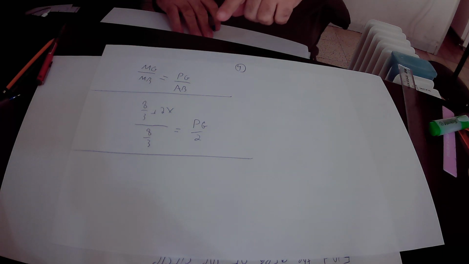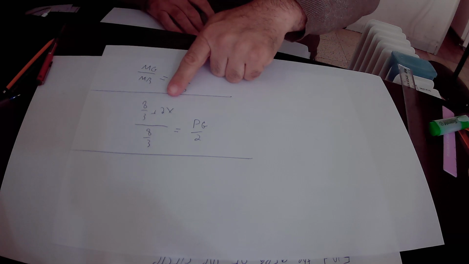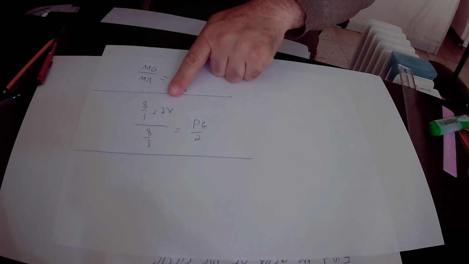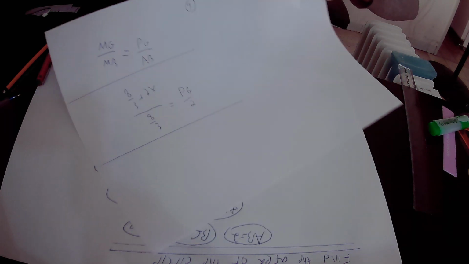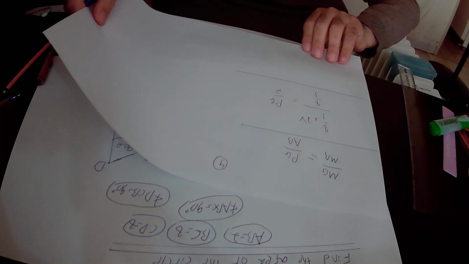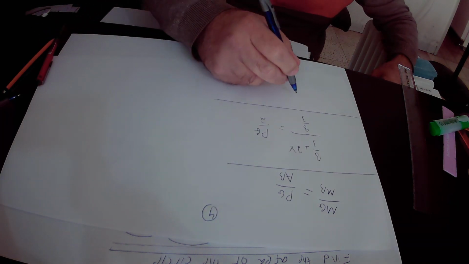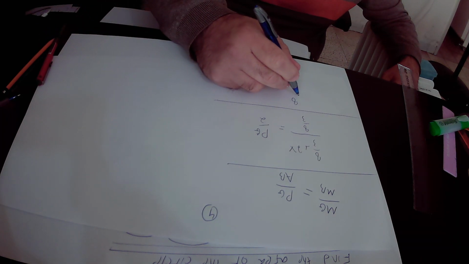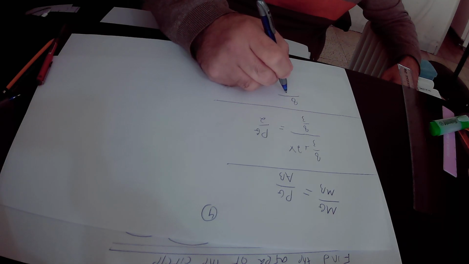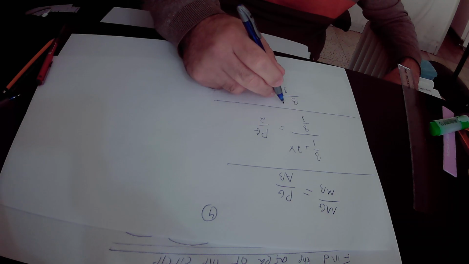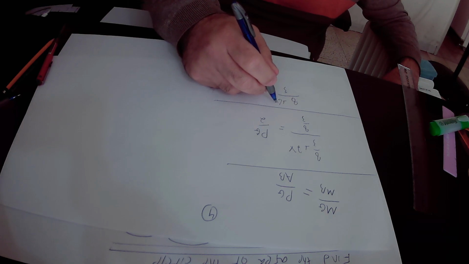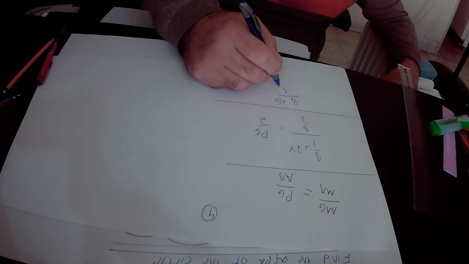Okay. Here we multiply 2x by 3 and then we divide it by 3. And then we get 8 over 3, 2x times 3 is 6x. Then we divide 6x by 3, so we change nothing.